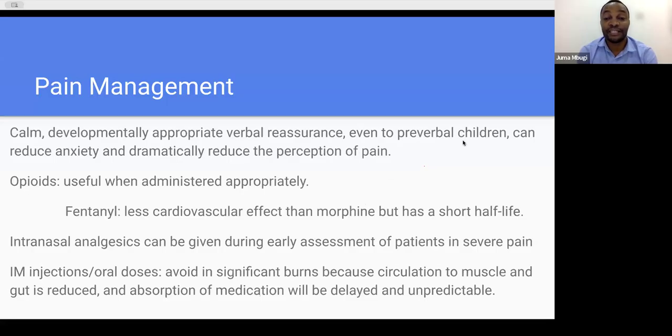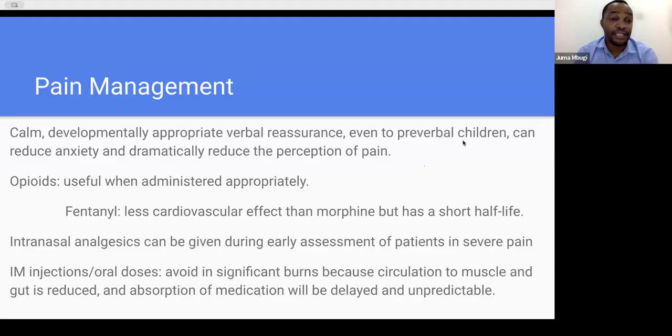Make sure your patient is getting IV fluids, because opioids can take down the blood pressure and deplete the volume. Other modalities are intranasal analgesics: fentanyl can be given intranasally, and ketamine as well. It can help alleviate the pain even before you have inserted the IV, because you're just giving it intranasally.